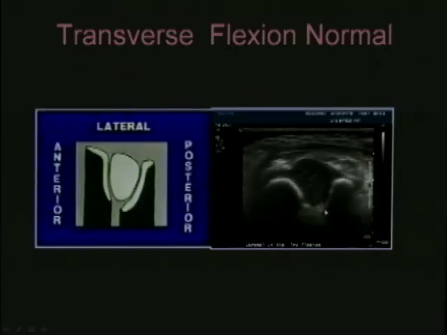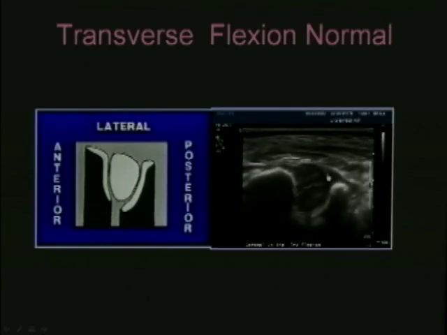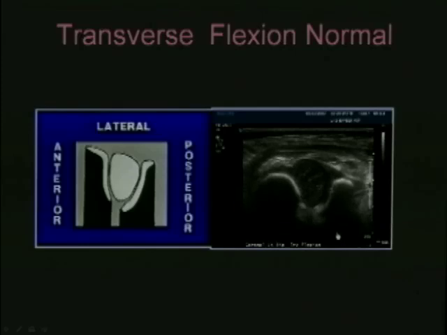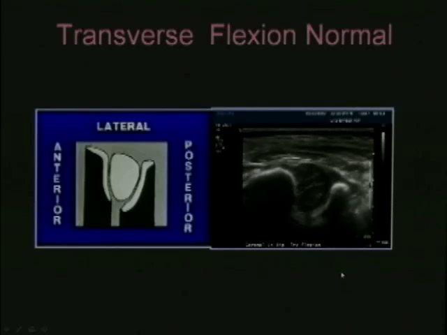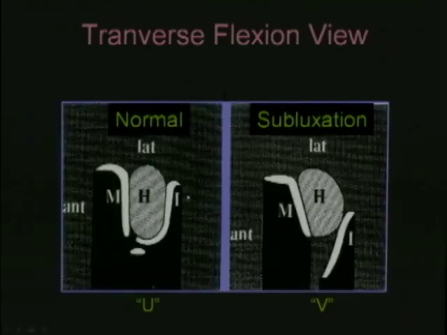We can see the metaphysis, here's the acetabulum, and this is when the external rotation is done. And notice during the Barlow maneuver that there's a little motion of the hip, but it certainly is stable. And then as we abduct and externally rotate during the Ortolani maneuver, it's perfectly normal.